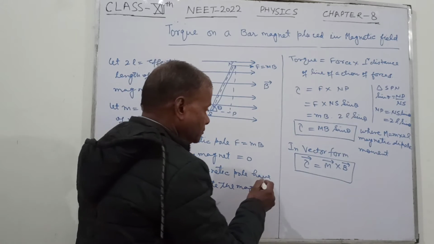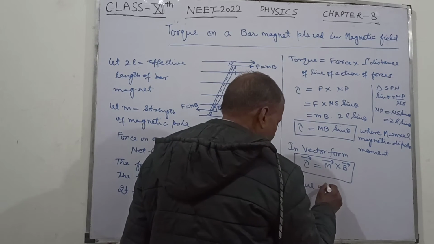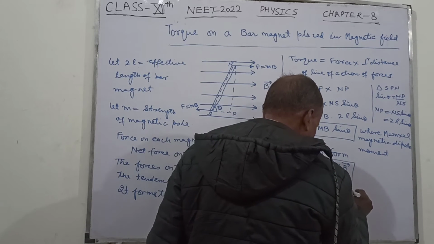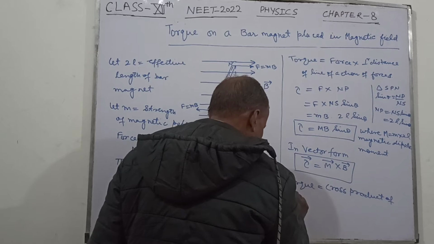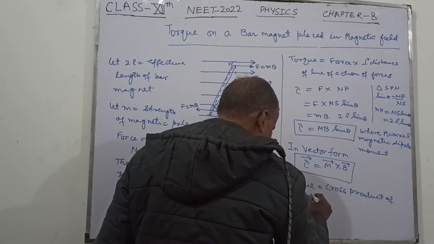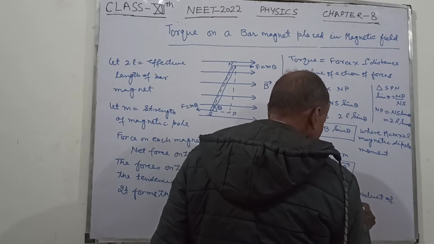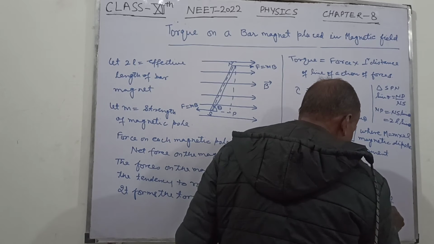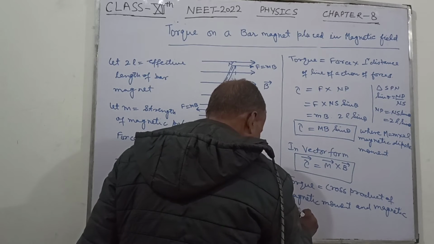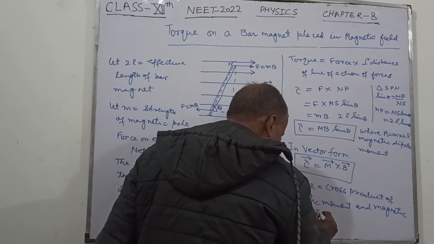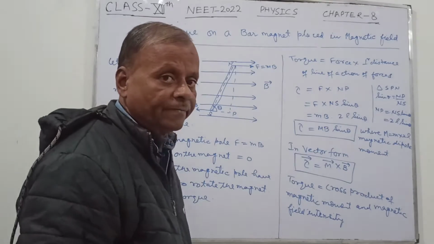So torque equal to cross product of magnetic moment and magnetic field intensity. This B is called magnetic field intensity.